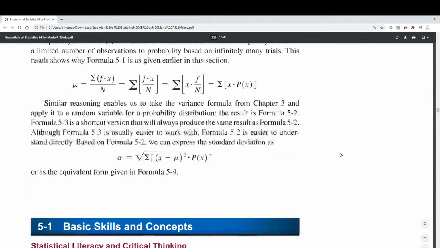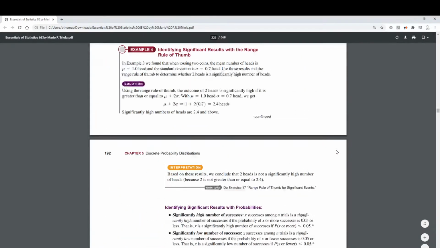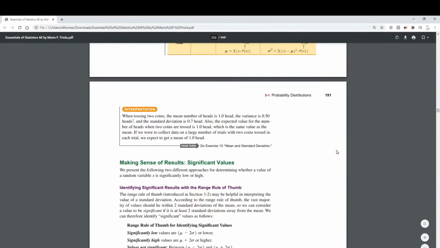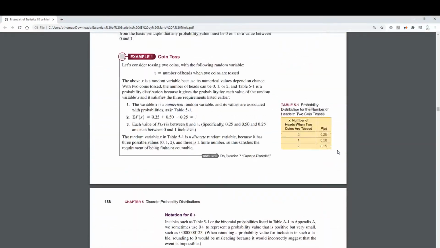I'm going to zoom in on this so we can see it very clear. So this is the chapter. Let me get there. Hold on.